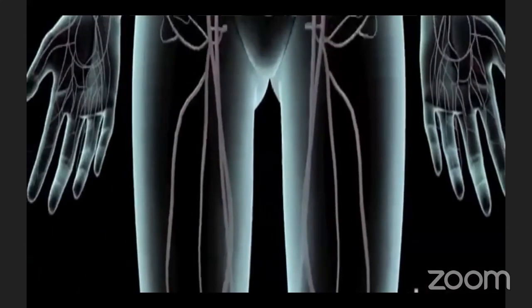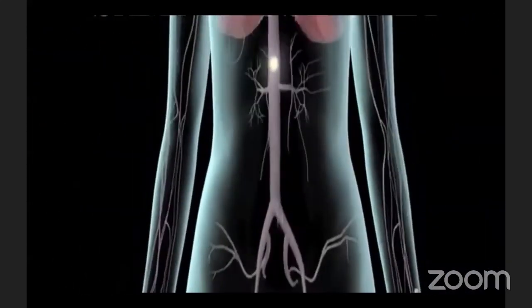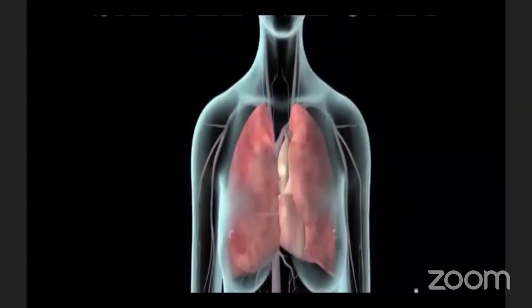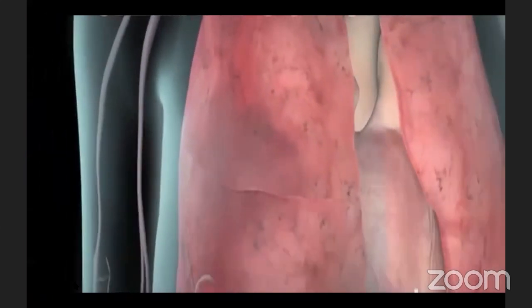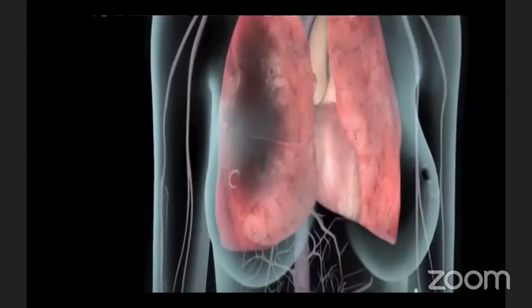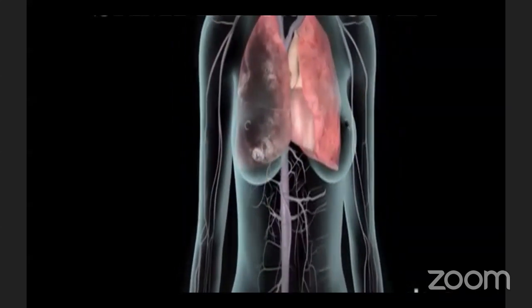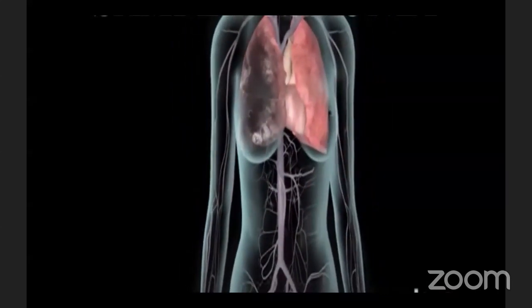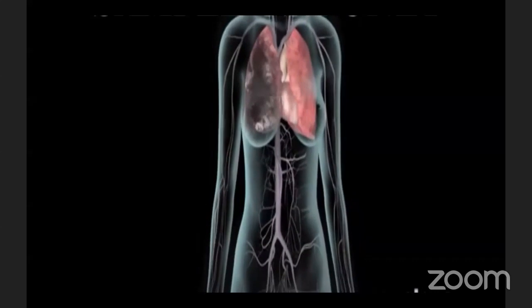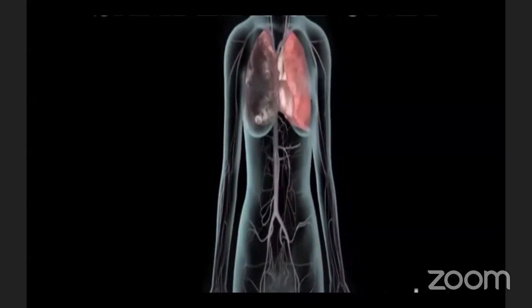The clot travels from the deep veins of the leg, through the veins of the abdomen, into the heart, and finally lodges in the pulmonary artery or its branches, blocking blood flow to the lungs. This condition, called pulmonary embolism, is very serious and may permanently damage a portion of the lung. If a clot is large, or if there are many clots, pulmonary embolism may also cause death.